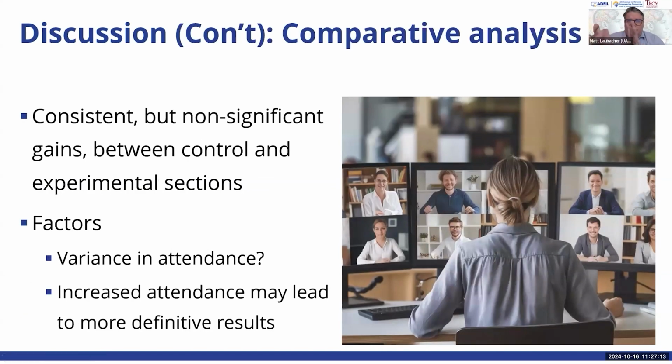When comparing the experimental sections with the control sections, our observed results were generally positive, though non-significant. For example, we observed slight but non-significant improvements with regard to identifiable student success metrics from control to experimental groups.